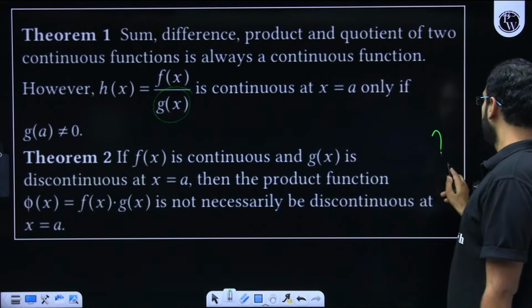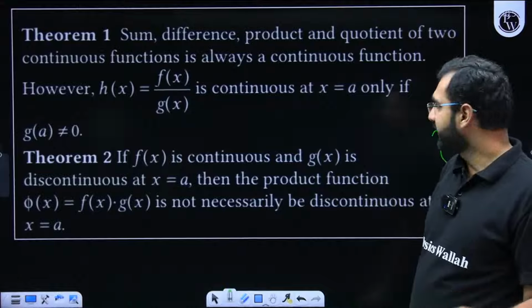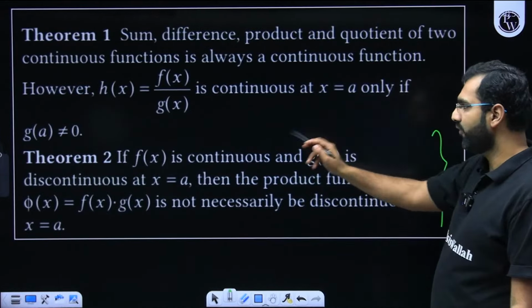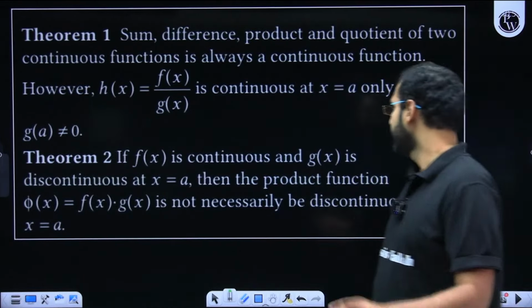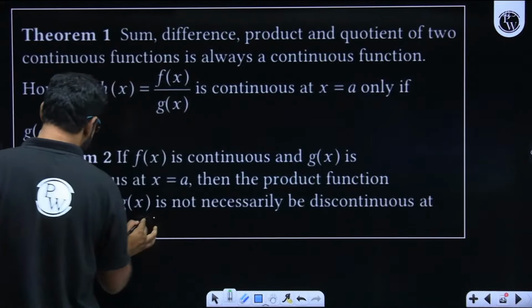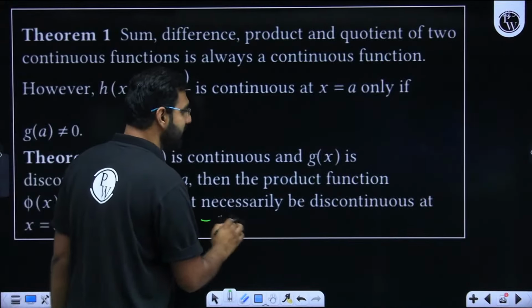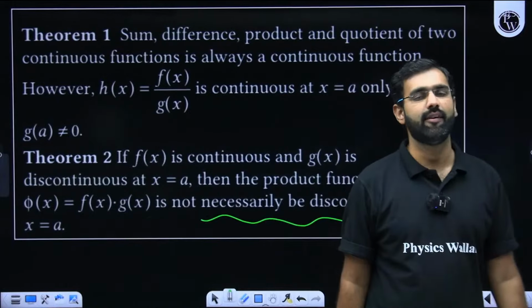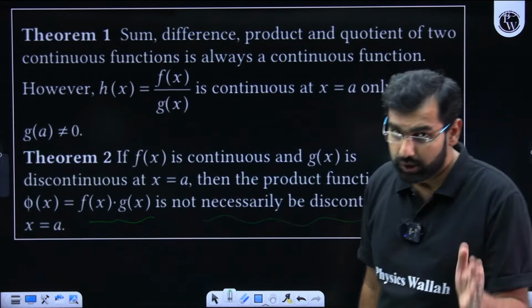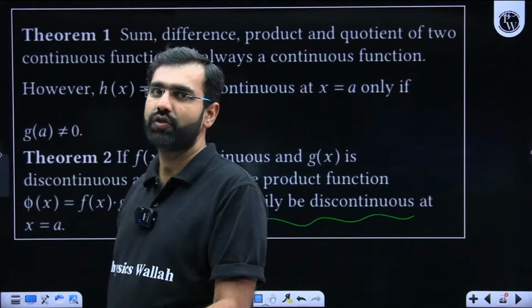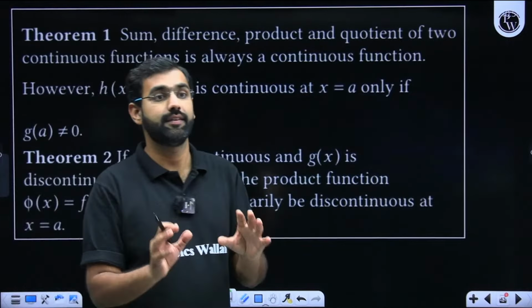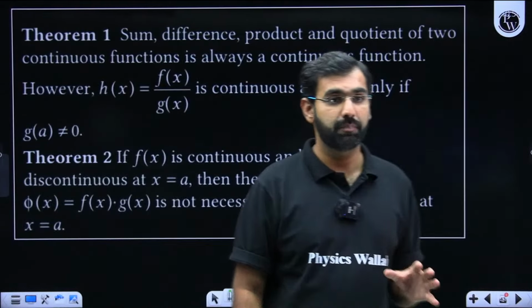Then, if f(x) is a continuous function and g(x) is a discontinuous function, then the product function f(x) times g(x) is not necessarily discontinuous at that value. Remember, the product of a continuous function and a discontinuous function is not necessarily a discontinuous function. Please, please, please remember that.